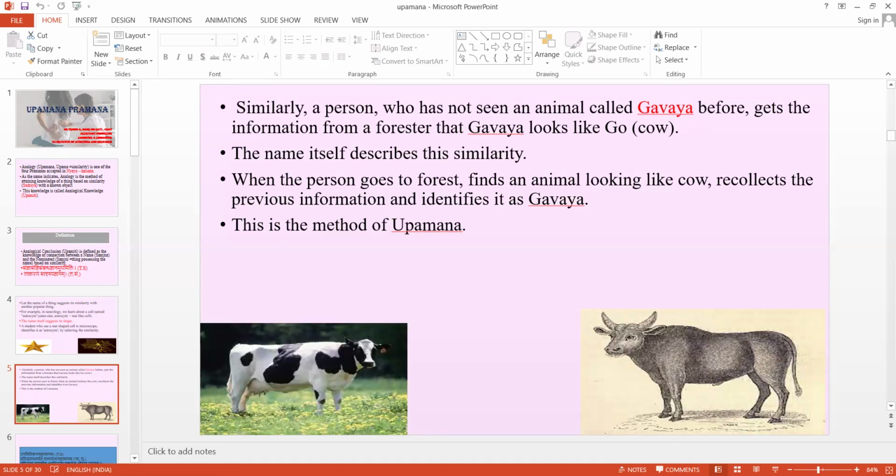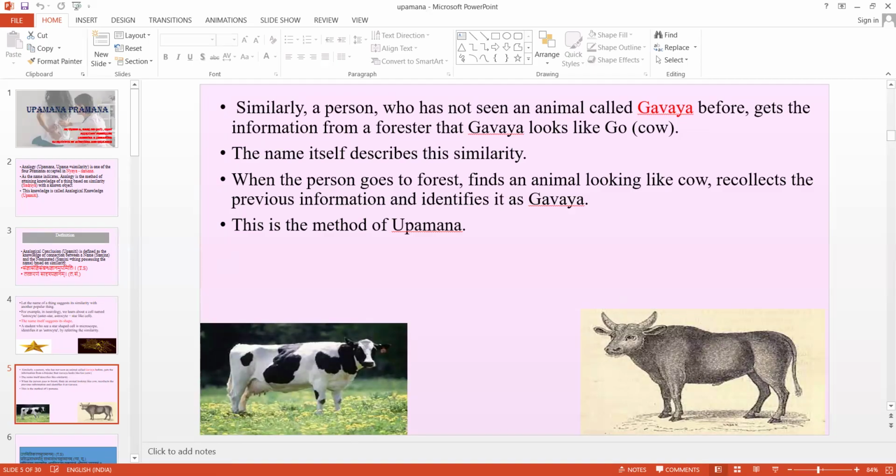These Go and Gavaya examples are told in the Padartha Jnanam of the Tarka Sangraha text, so you have to definitely write them in your answer sheet, because that is typically told in the Tarka Sangraha textbook written by Annam Bhatta. That is also an important MCQ: who wrote Tarka Sangraha? It is written by Annam Bhatta.